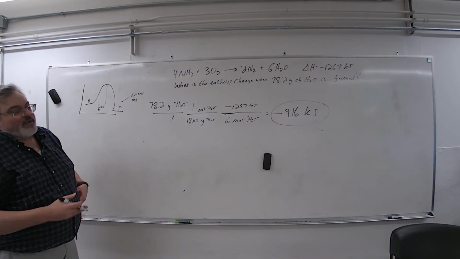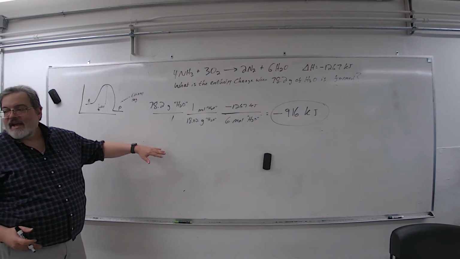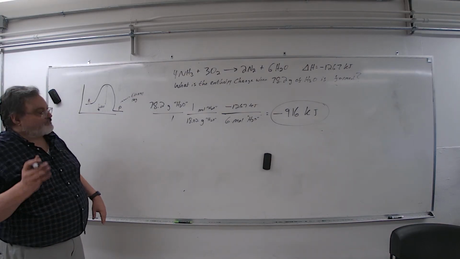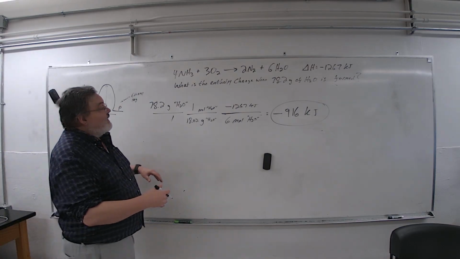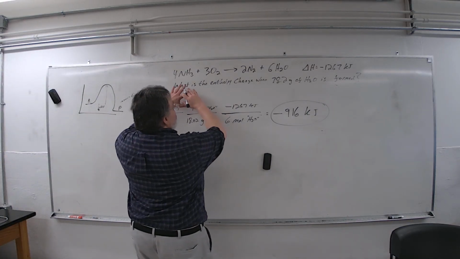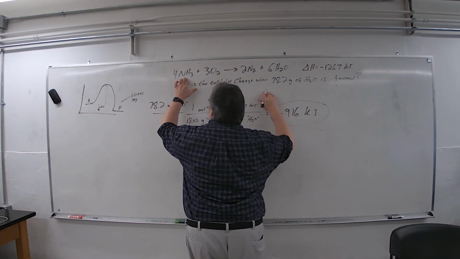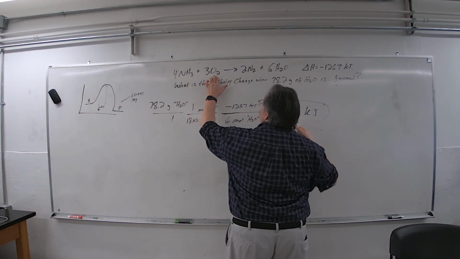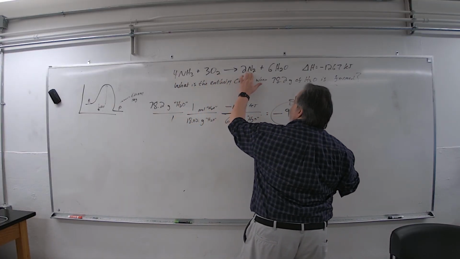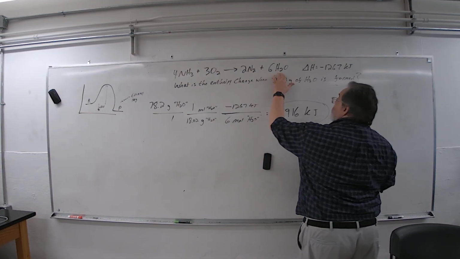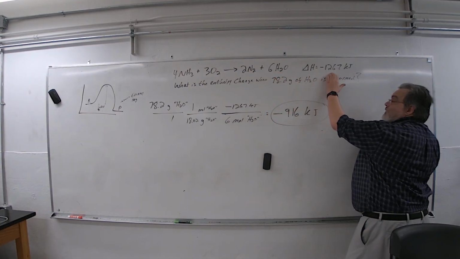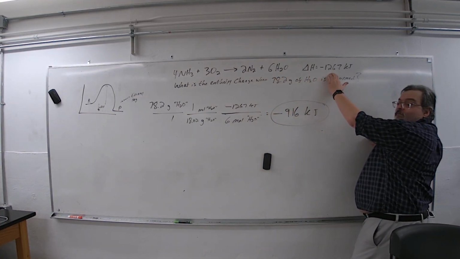The other thing we did with delta H is where I started, the Hess's law thing I was doing earlier. But the point is, in general, if you do this reaction with 4 moles of NH3 and 3 moles of O2, you will get 2 moles of N2 and 6 moles of H2O, and you will feel this much energy come out.